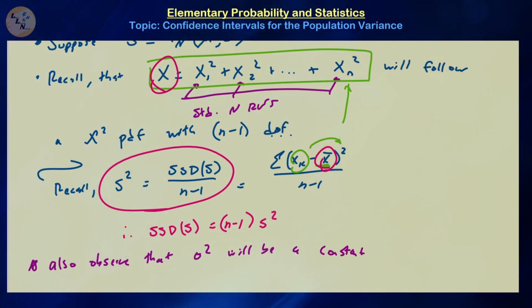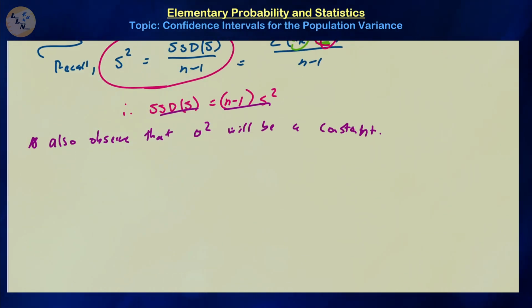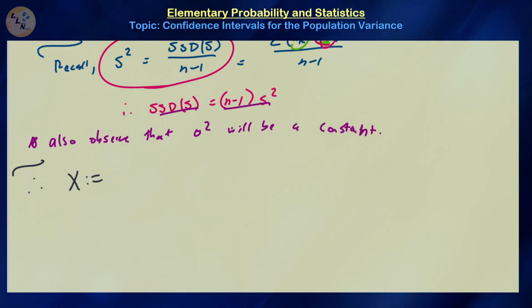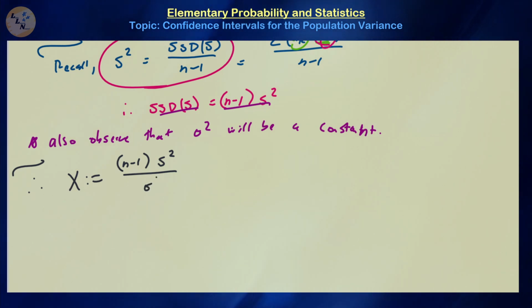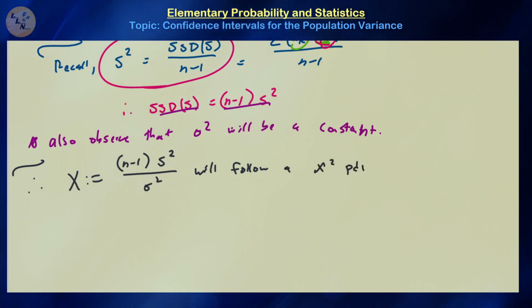Let's assume that the parameters of the population are not changing. So if we divide both sides of this equation by sigma squared, then we have a scaled version of this chi-square random variable. Therefore, this variable, let's call it X, defined to be equal to n minus 1 times s squared divided by sigma squared, will follow a chi-squared distribution with n minus 1 degrees of freedom.